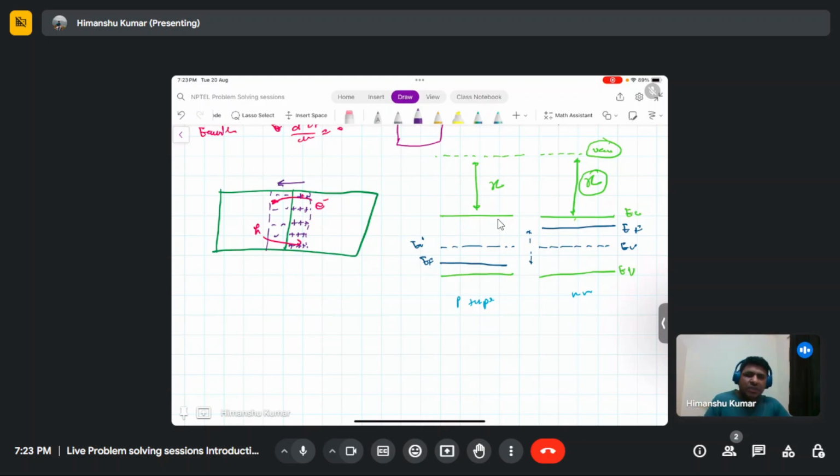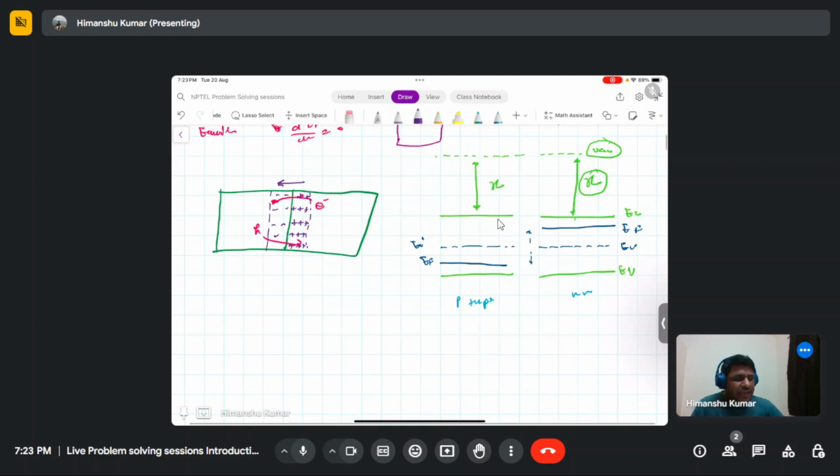After some time, such a high electric field develops that the movement of electrons and holes ceases, and that's where you say equilibrium has been reached. So that is the case.